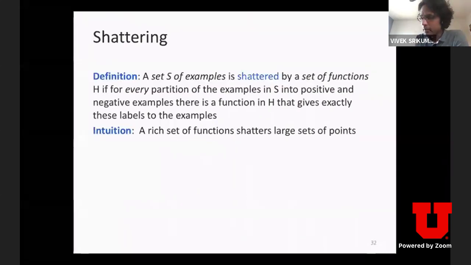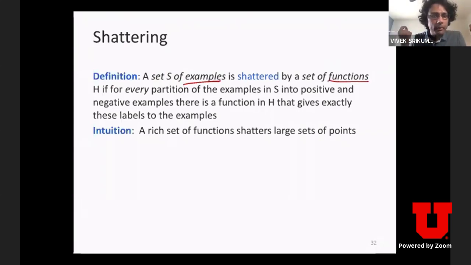Given a set of examples, a set of points, we say that this particular set is shattered by a set of functions. So we are given two sets: a set of examples and a set of functions.